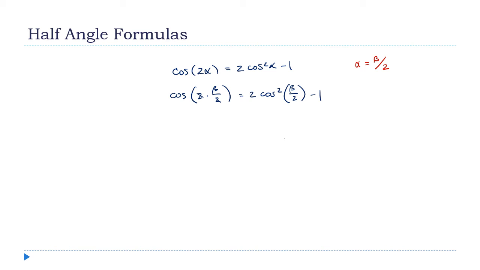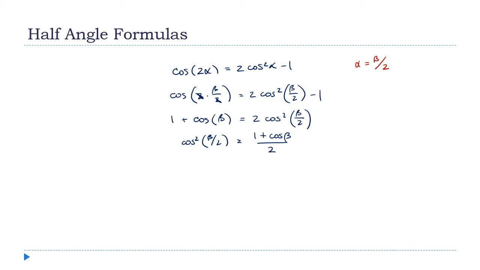So add 1 to both sides. I get 1 plus, and you notice that the 2's cancel here. So this is just cosine of beta equals 2 cosine squared beta over 2. Let's divide by 2. Cosine squared beta over 2 equals 1 plus cosine beta divided by 2.